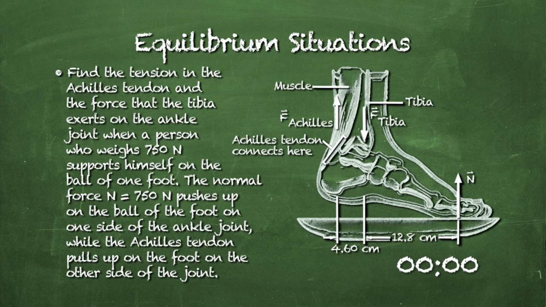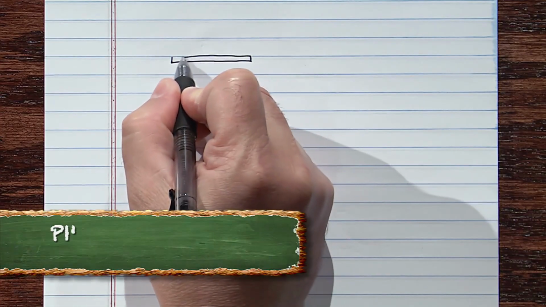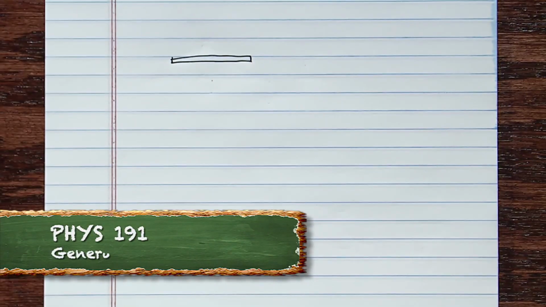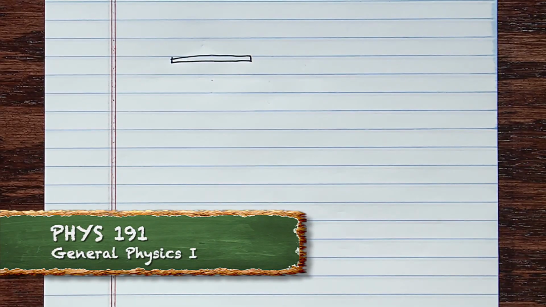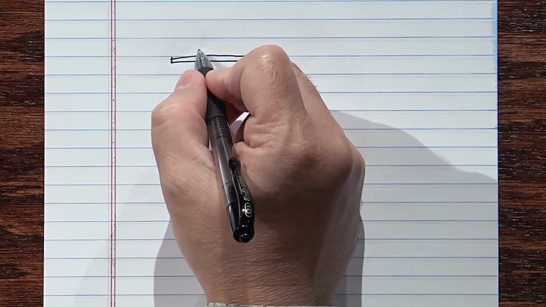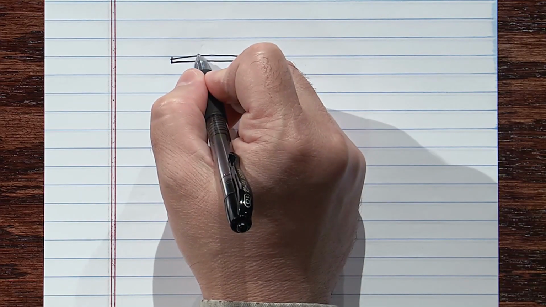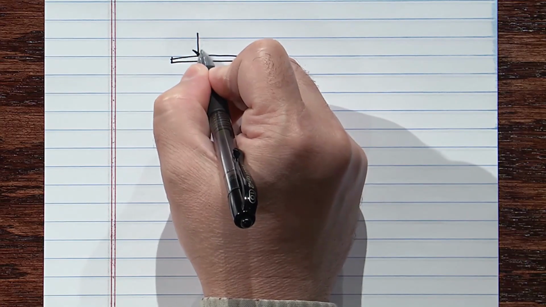Okay, so we'll draw the person's foot, same as we did for the boom and for the hiker, the mountain climber, sorry. We will draw just a simple rod, and we have the tibia in the middle of the foot, not in the exact middle, but somewhere in the middle, exerting a force downwards.